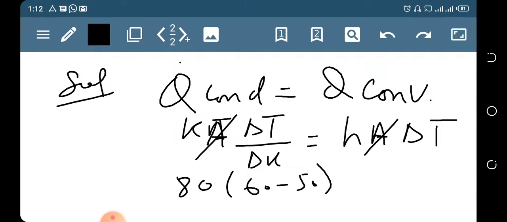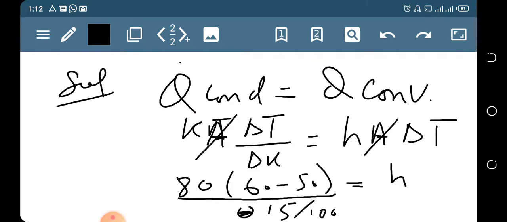So 15 divided by 100, because we need the value in meters. So here we have to find out H, and the value of this is 50 minus 10 degrees. The surrounding temperature is 10.